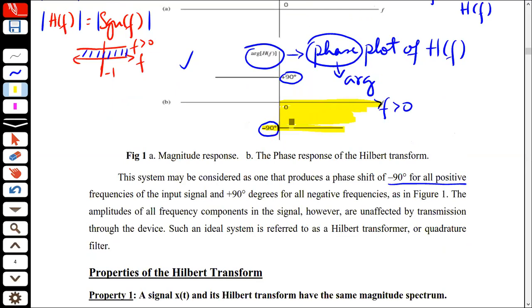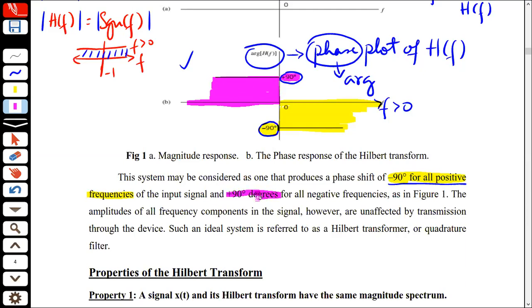Any frequency value greater than 0, or positive in nature, gets a 90 degree phase shift. Likewise, positive 90 degrees for all negative frequencies. This axis represents the negative frequency values. For negative frequencies, the phase associated is positive 90. So for any negative frequency value, the Hilbert transform phase shifts it by positive 90 degrees.